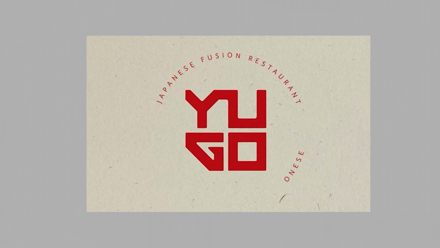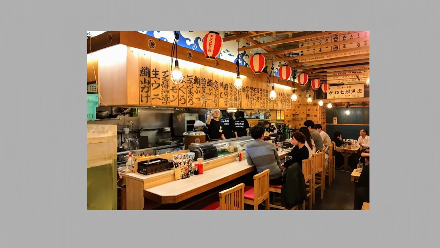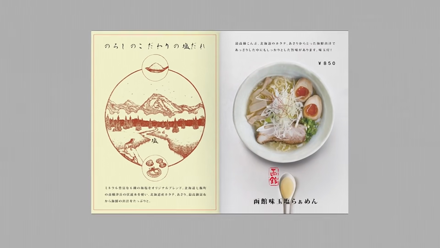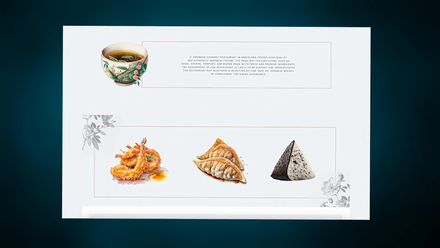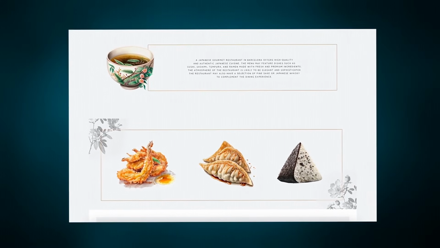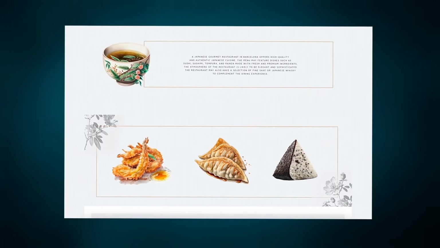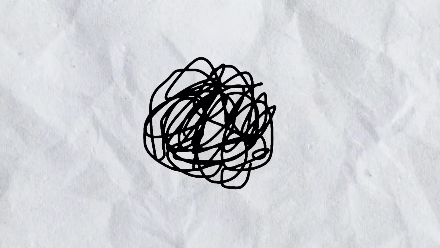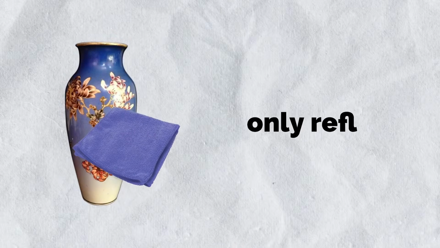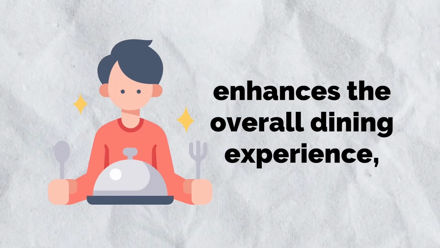Typography choices reflect the restaurant's style, the color palettes evoke the ambience, and imagery acts to entice diners with appetizing visuals. Layout compositions are fine-tuned for clarity and coherence, guiding diners seamlessly through the menu while highlighting key dishes. Through this meticulous process, each refined concept evolves into a polished design that not only reflects a restaurant's identity, but also enhances the overall dining experience, enticing customers to indulge in their journey at this restaurant.